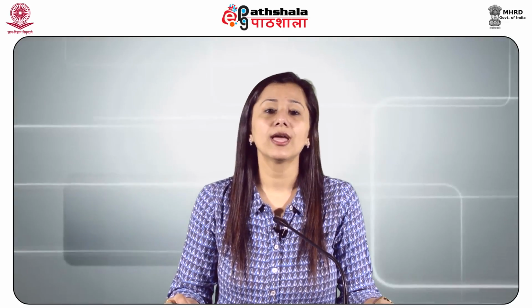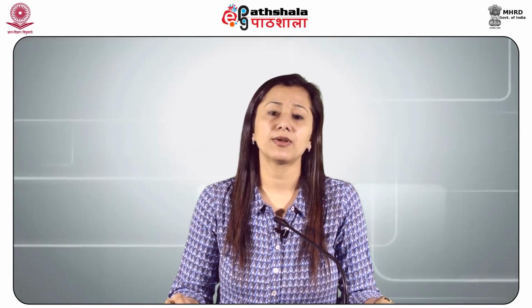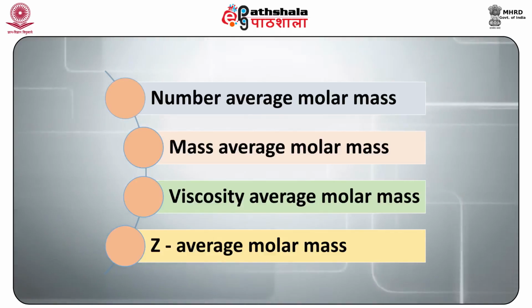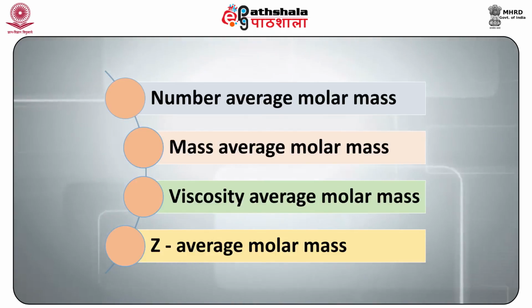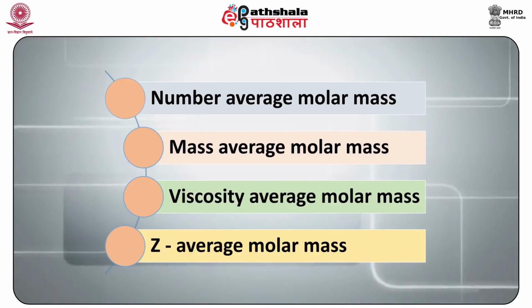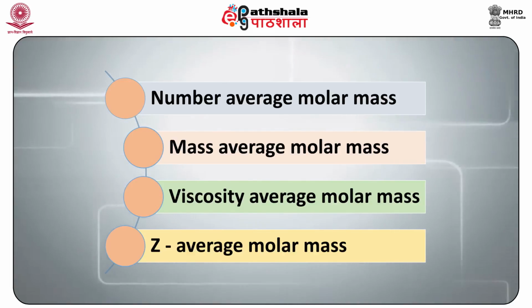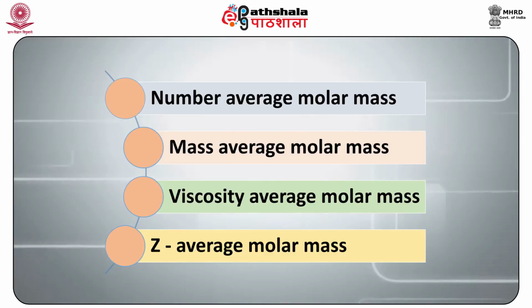Now, we shall have a look at the molar mass distribution. There are different ways of expressing molar mass of polymers. Some commonly used averages are as follows: number average molar mass, mass average molar mass, viscosity average molar mass and Z average molar mass.